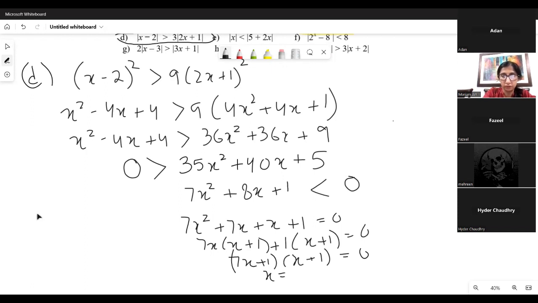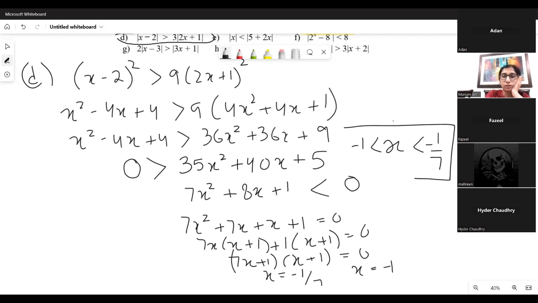So x equals minus 1 by 7 and x equals minus 1. So it's going to be x is, what's the smaller value here? Minus 1, and the bigger value is minus 1 by 7. This should be the answer.